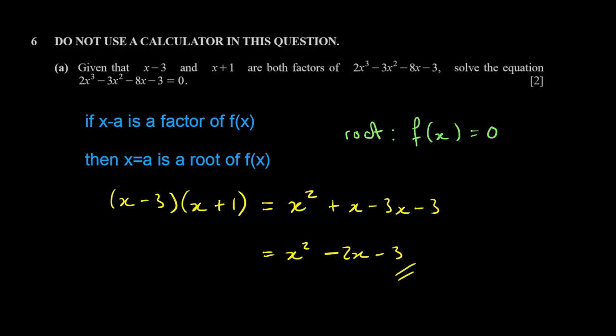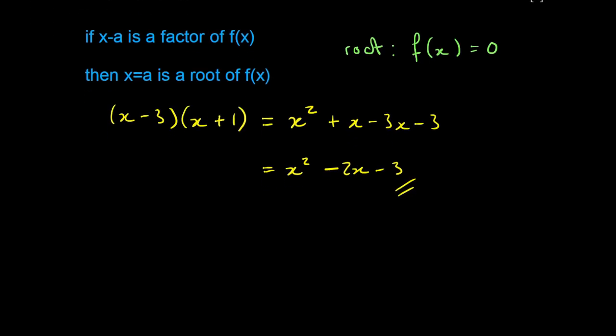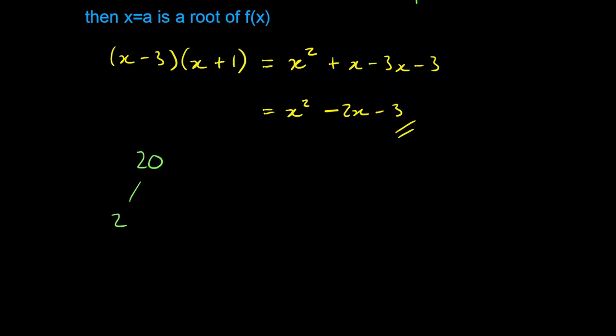Let's think about it. If that's a factor and that's a factor, then this quadratic is also a factor. In the same way, let's say I've got the number 20, and I know that 5 and 2 are both factors of 20.